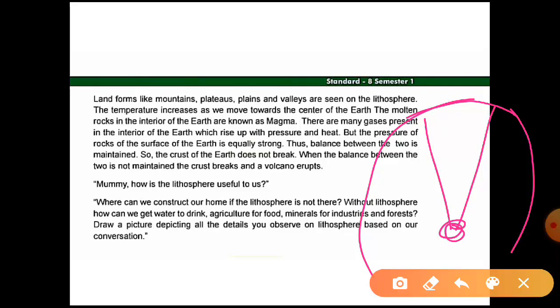The pressure of the rocks on the surface of the earth is equally strong. In this center there are many gases which give pressure to the upper layer.